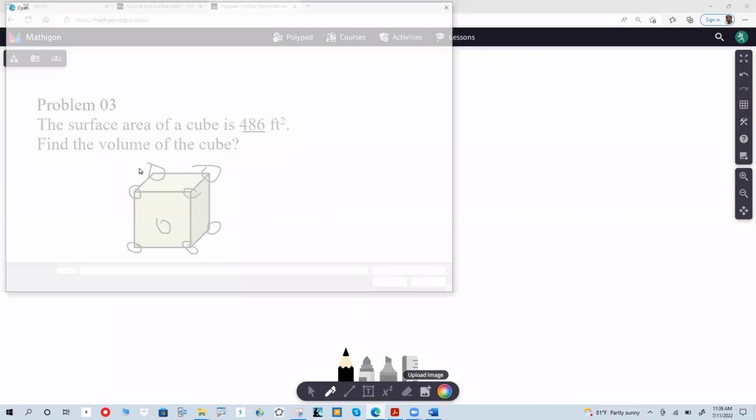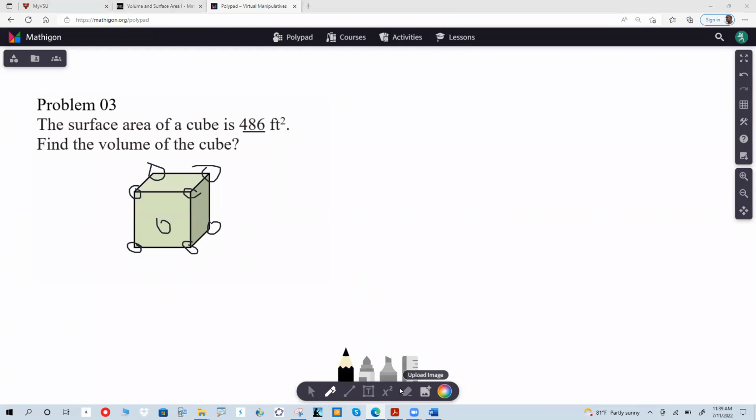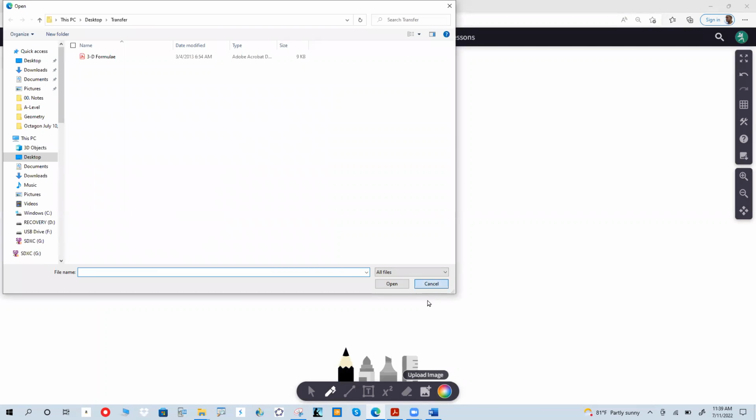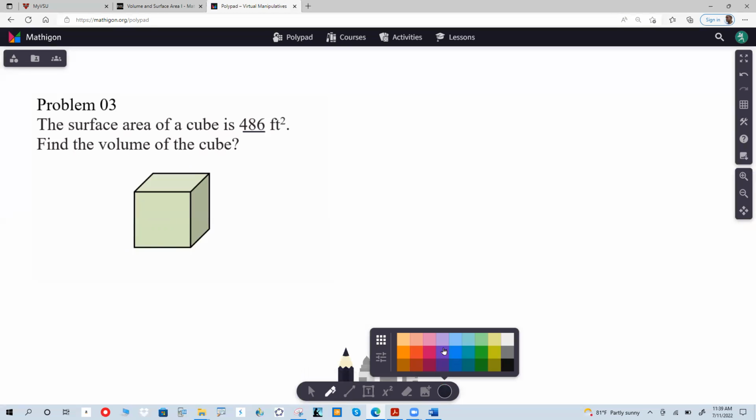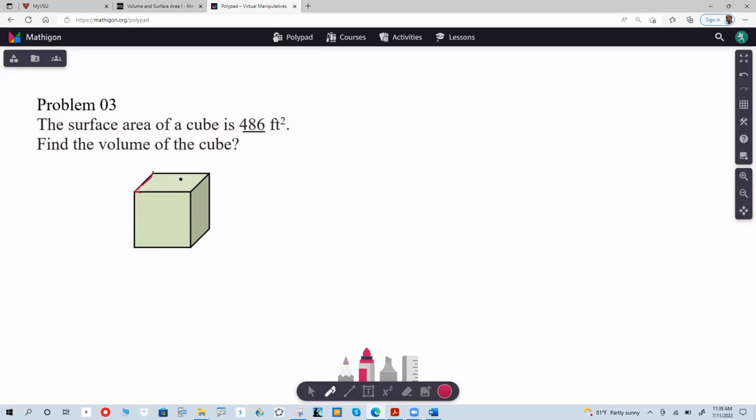Where are the edges? Well, the edges are, sorry guys, I'm going to draw them. I say they're on the ceiling, 4 edges on the ceiling. 1, 2, 3, 4. 4 edges on the floor.